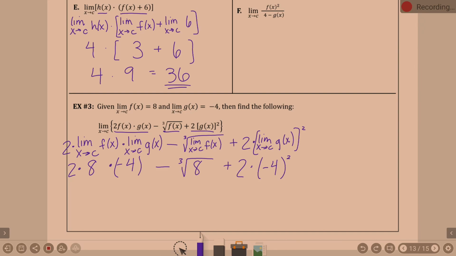Okay. Please excuse my dear Aunt Sally. Do all your multiplication properties before you do add and subtract. So, how'd you get negative?